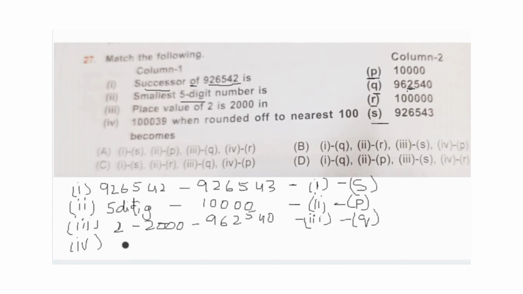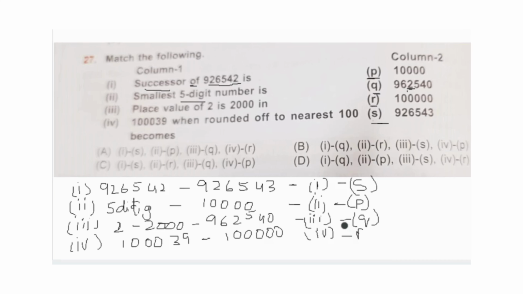So 100,039, the round off value to the nearest 100 is 100,000 and another 0. So here we have option 4 that is mapped to R.